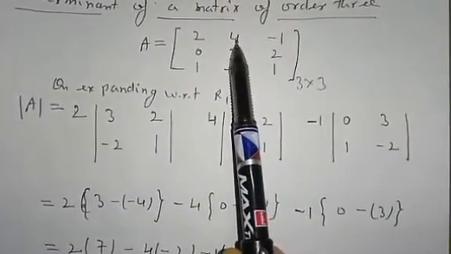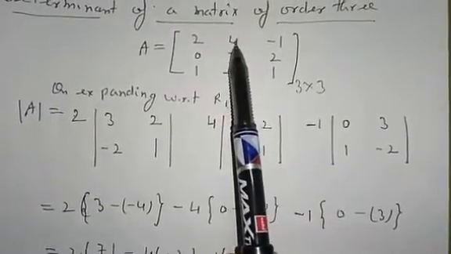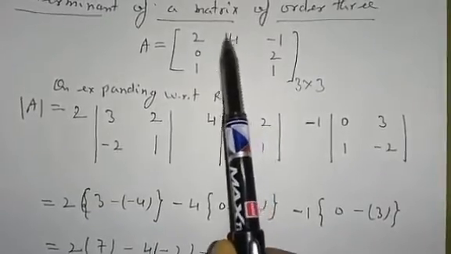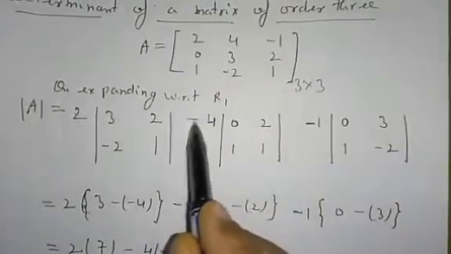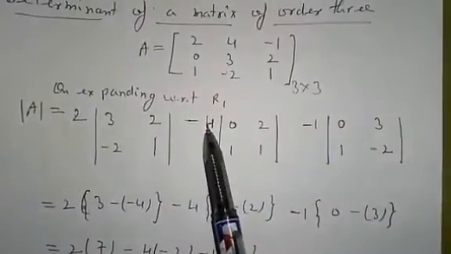For this 4, first row second column, so its position 1 plus 2 comes 3, this is odd. So in case of odd we change sign. Plus 4 is here, but we will take minus 4.